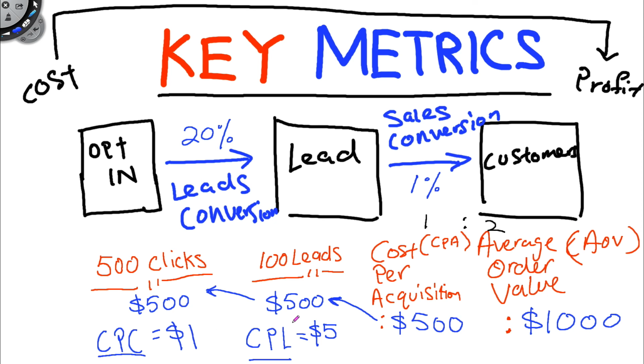I can spend up to $5 to acquire a lead, regardless of what kind of marketing campaign I'm driving, so that I know I can spend up to $500 to acquire a customer in order to earn $1,000 from that customer.